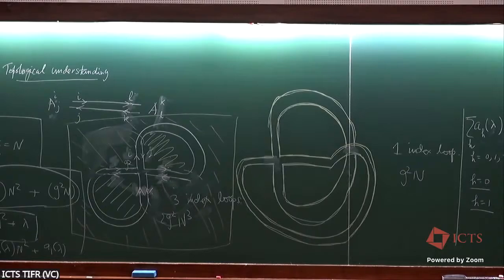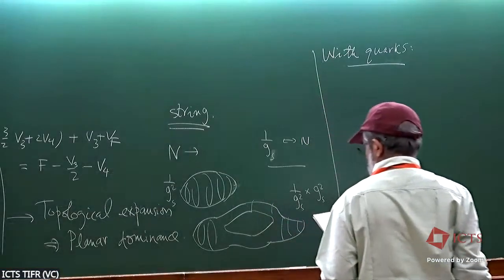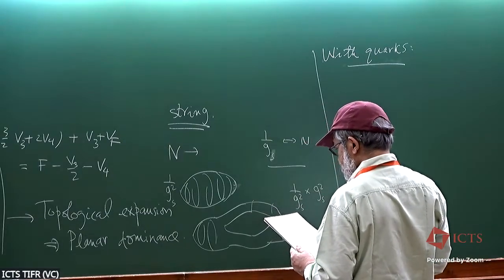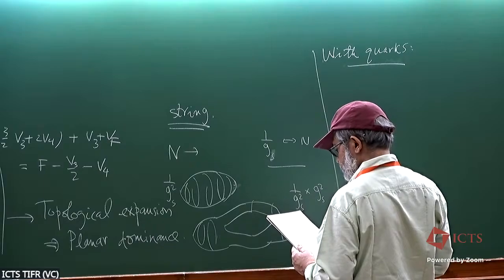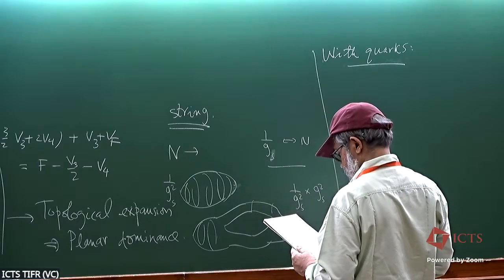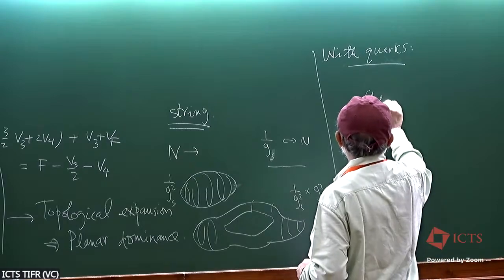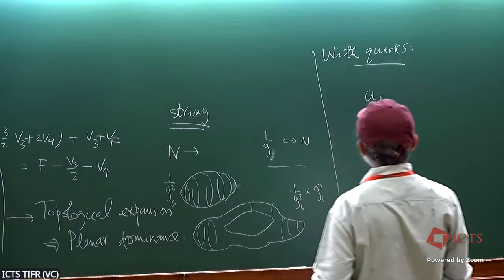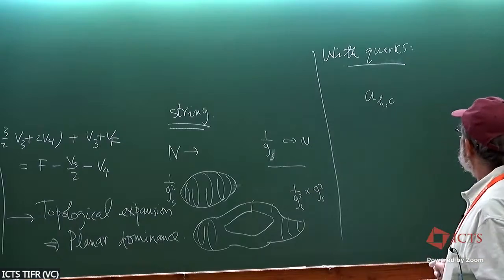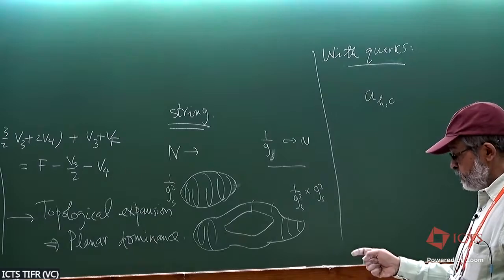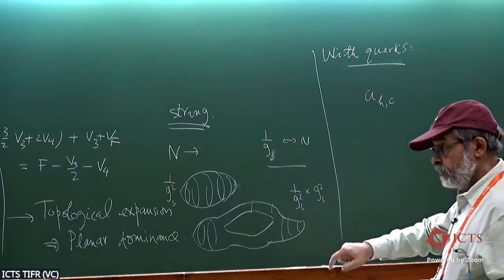Introduce quarks now. So what happens is that this formula gets changed. I'm just writing down the general formula. Yeah, here it is. So now, in addition to drawing handles on a sphere, you can draw cuts. You can draw boundaries.